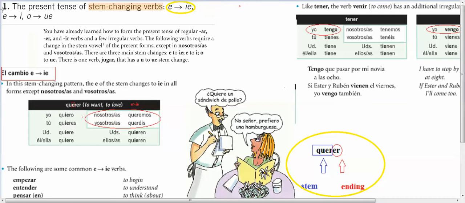There's E to I's, which again means we change an E in the stem to an I. And lastly, there's O to UE's, where you take your O and change it to a UE before you add the ending.